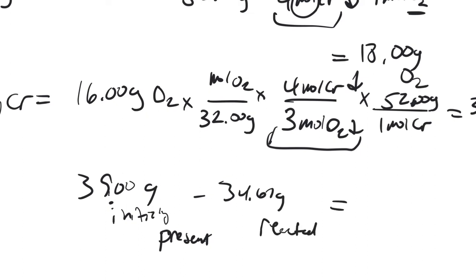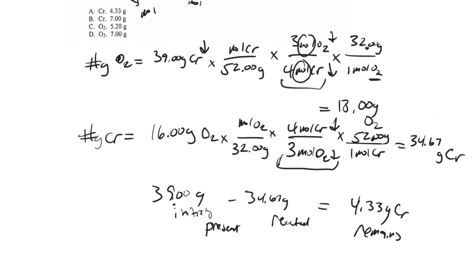And so then that difference is 4.33 grams. So 4.33 grams of that chromium remains. So which reactant remains? Chromium. How much of it? 4.33 grams.